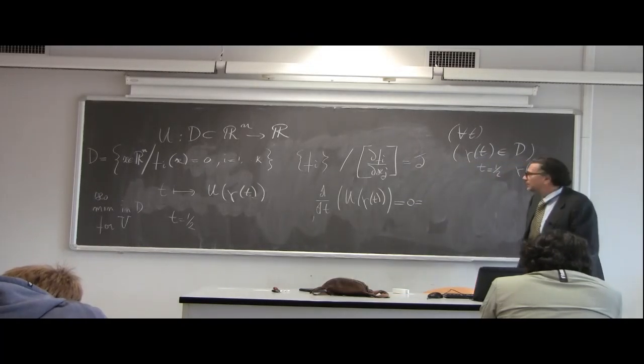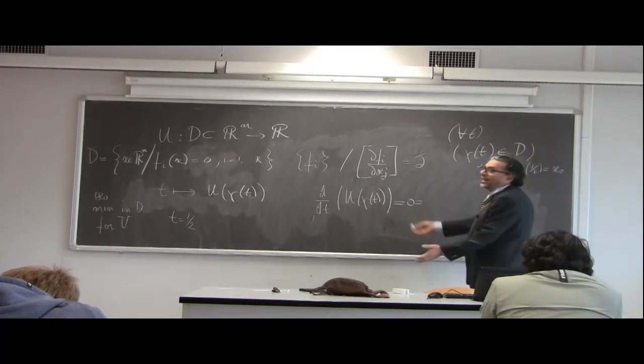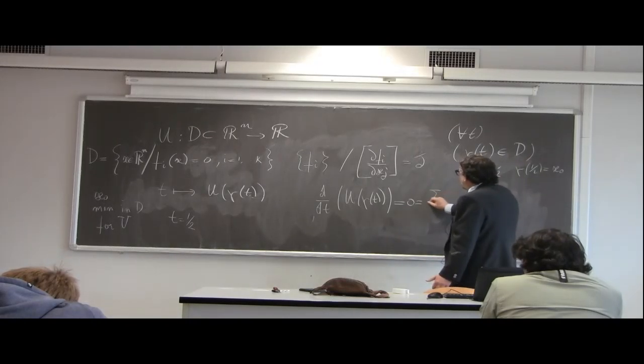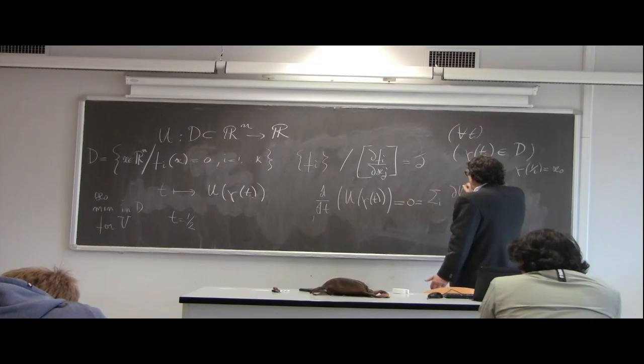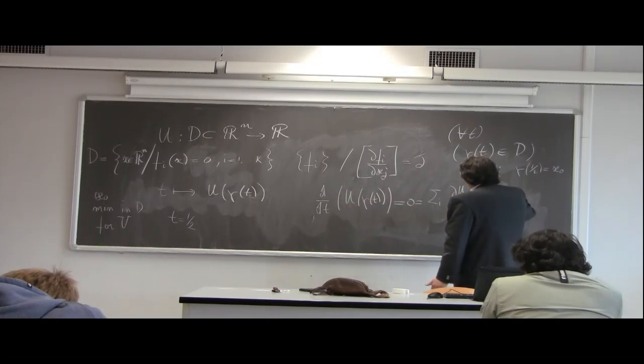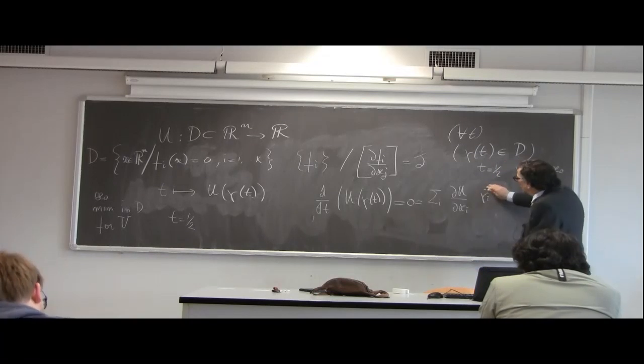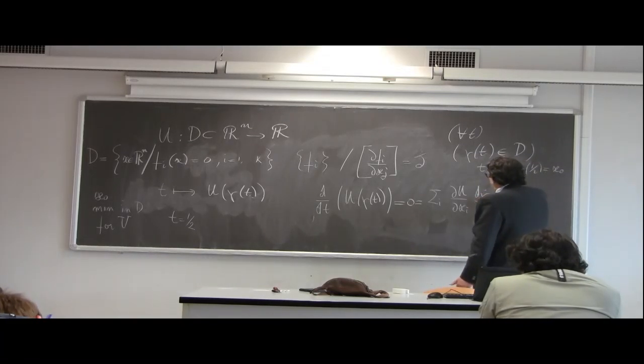We can calculate this derivative: summation over i of du over dxi times gamma i dot, the derivative d gamma i over dt.